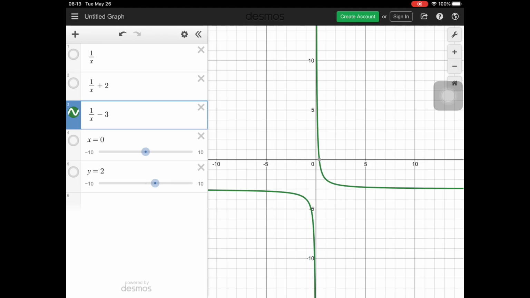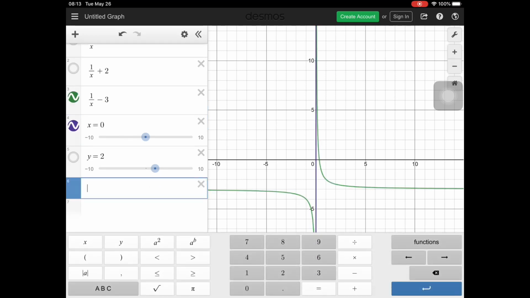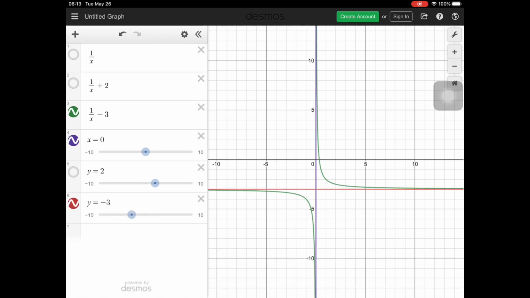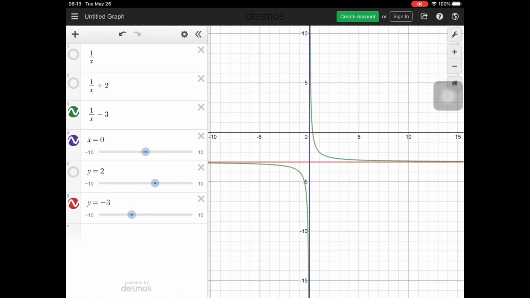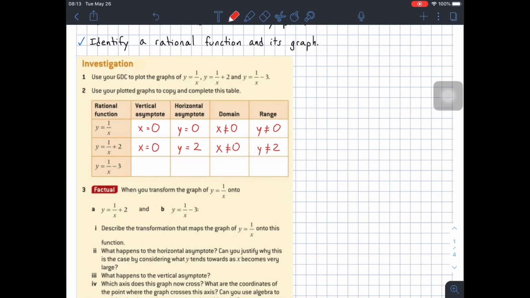And as you can see, the vertical asymptote is still x equals 0. But now the horizontal asymptote would be y equals -3. There you go. Okay, so there is a vertical translation of the asymptote, which originally was at 0. Now it is at -3 because of this vertical translation.